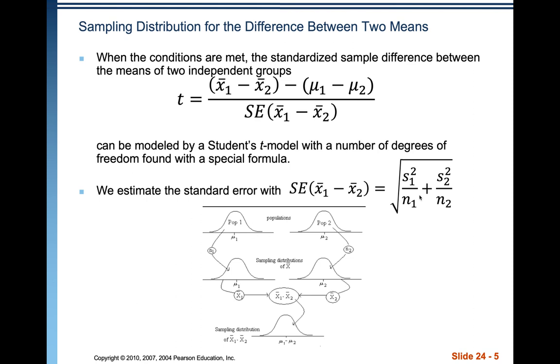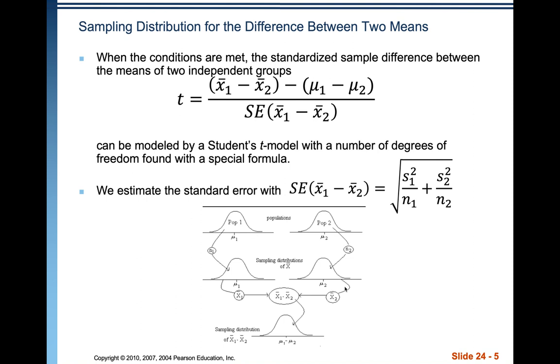Then we start taking samples of size N1 and N2, and we start finding sample means and develop our sampling distribution of the sample means. So here's our sampling distribution of sample mean 1, still centered around mu1, and here's our sampling distribution of sample mean 2, still centered around mu2.